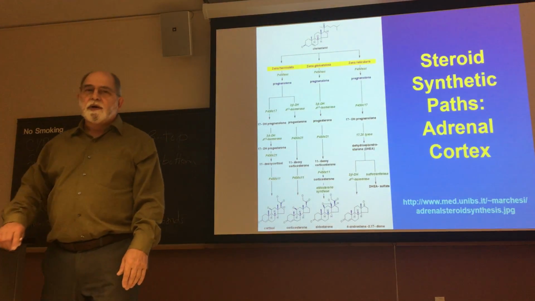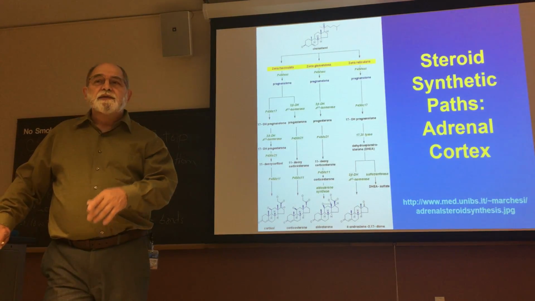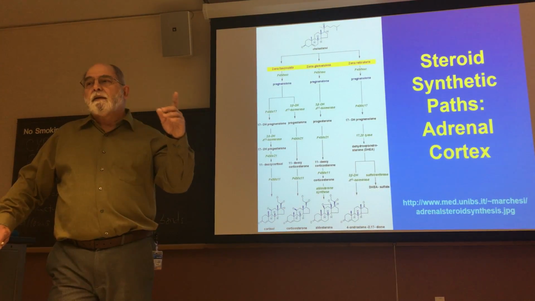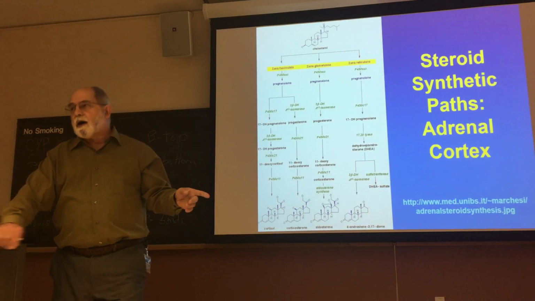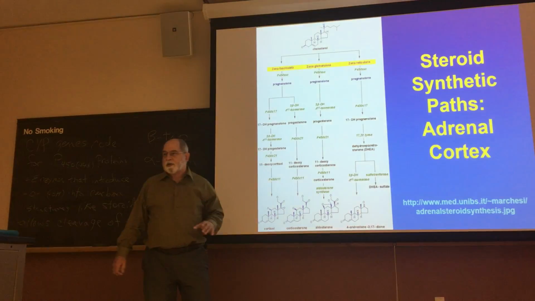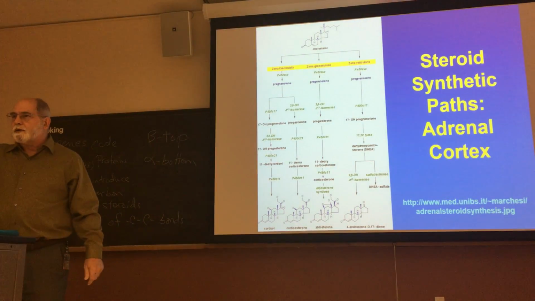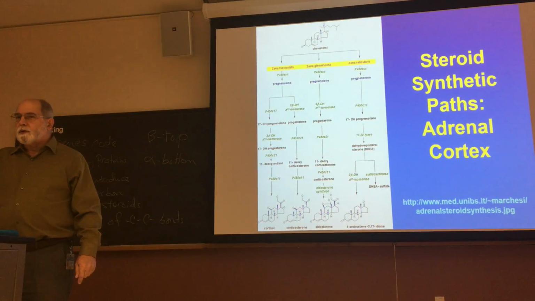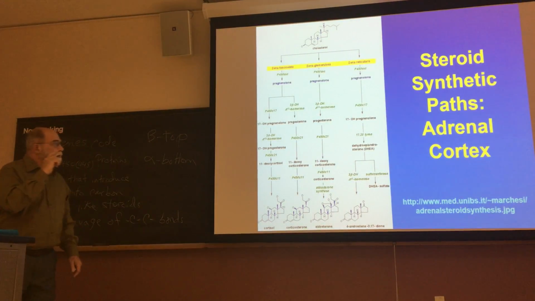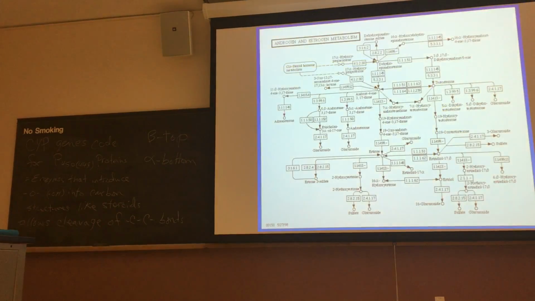And it doesn't matter whether it's an XX or an XY. Many cases of female masculinization are, in fact, congenital adrenal hyperplasia. There was a question over here. Okay. So, synthetic pathways and the consequences of blocking them.